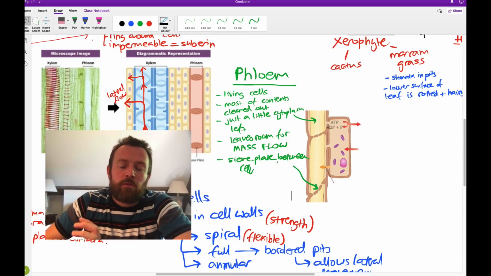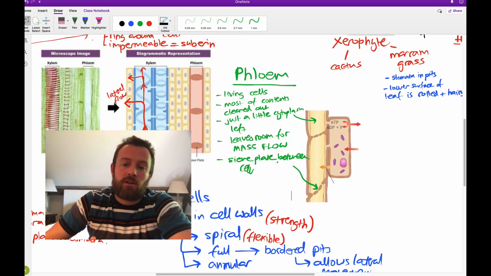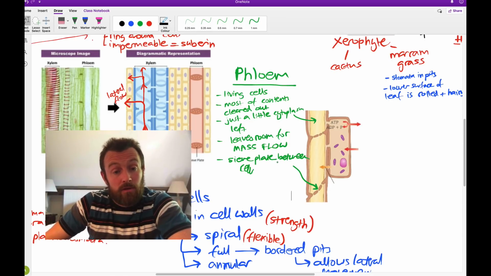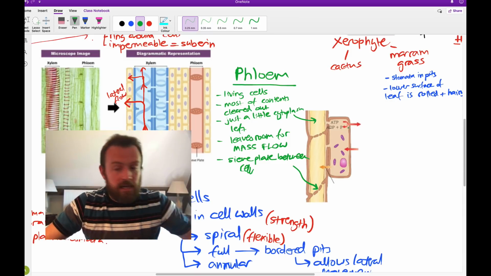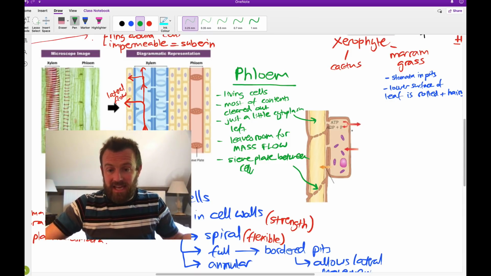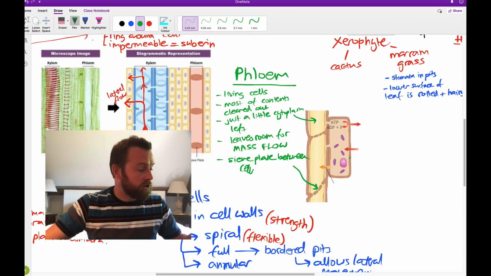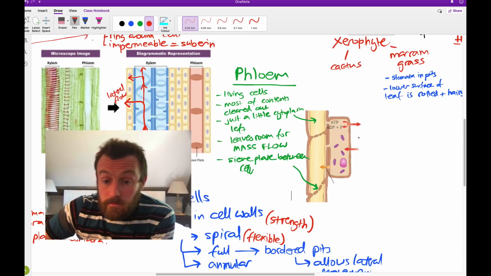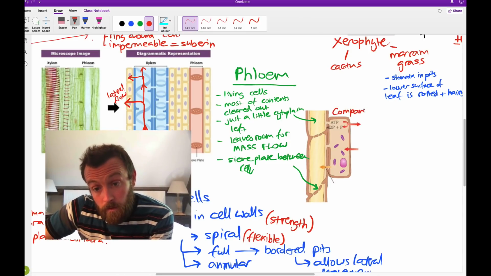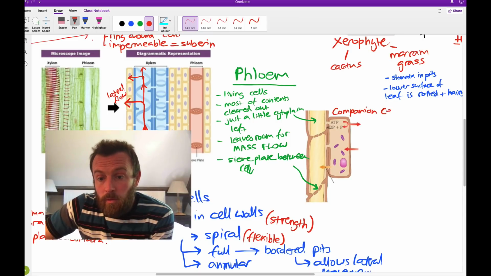Now, the phloem cells have to be alive because there are metabolic processes that have to happen for them to do their job. And those metabolic processes are largely done by something called a companion cell. Okay, so this here is a companion cell to the phloem cells. Without the companion cells, the phloem cells would die.